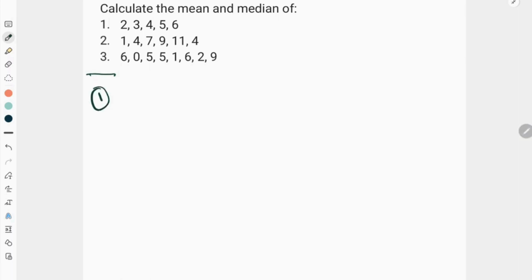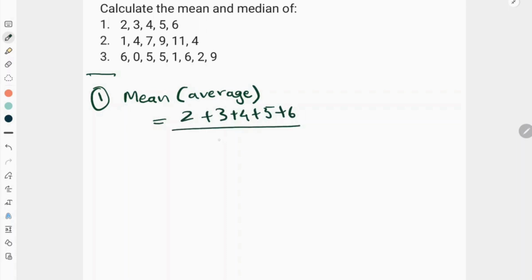So first, what do we have here? The numbers are, this is a simpler example, 2 3 4 5 6. So the mean, also called average, will be equal to 2 plus 3 plus 4 plus 5 plus 6 divided by the number of numbers, which is 5. 2 plus 3 is 5, plus 4 is 9, plus 5 is 14, plus 6 is 20, divided by 5, which is 4.